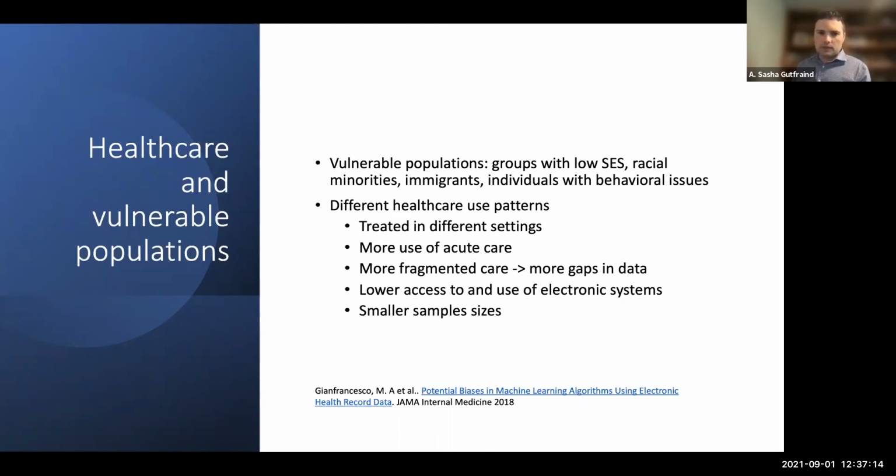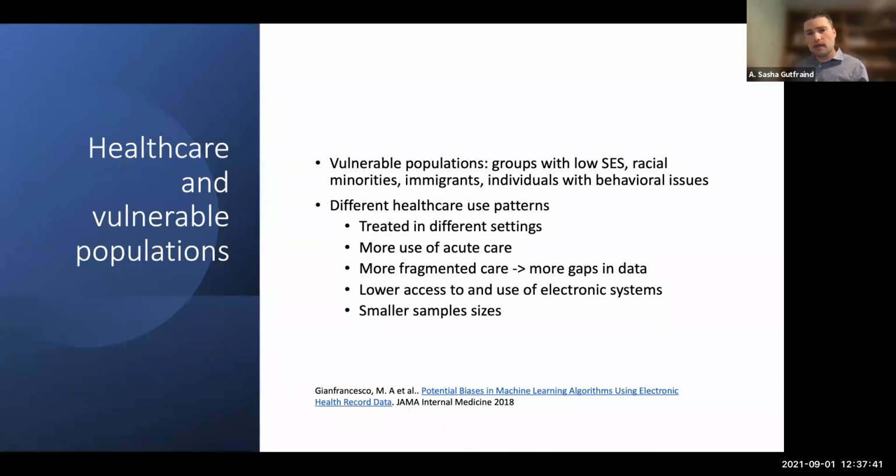According to this paper by John Francesco, there is actually a much broader number of populations that are vulnerable. That includes generally groups with low socioeconomic status, SES, but also racial minorities, immigrants, individuals with behavioral issues, and I would probably also include children and the elderly.